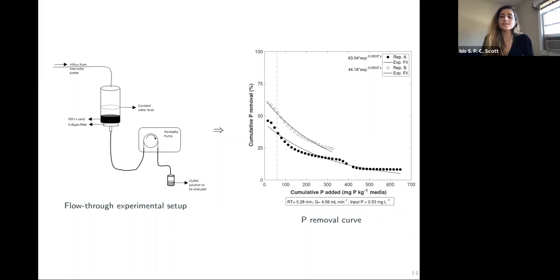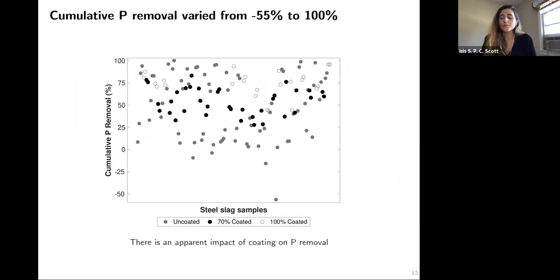And that is the cumulative phosphorus removal in percentage after we added 60 milligrams of phosphorus per kilogram of PSM. And we can talk more about why I chose 60, but that's what this vertical line is representing in here.